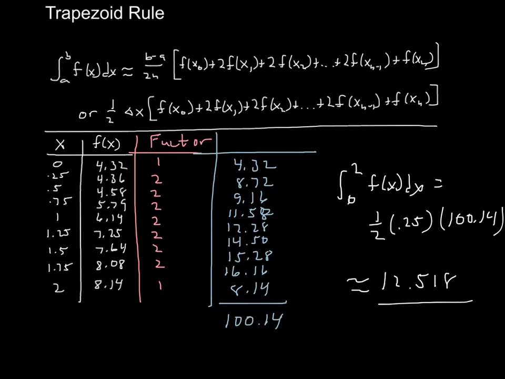So that's what I came up with. Again, hopefully I didn't make any mistakes when I made these calculations or when I added it up. If I did make a mistake, please let me know. But you should have gotten the 100.14, and then the 12.518 for the approximation of that definite integral using the trapezoid rule.